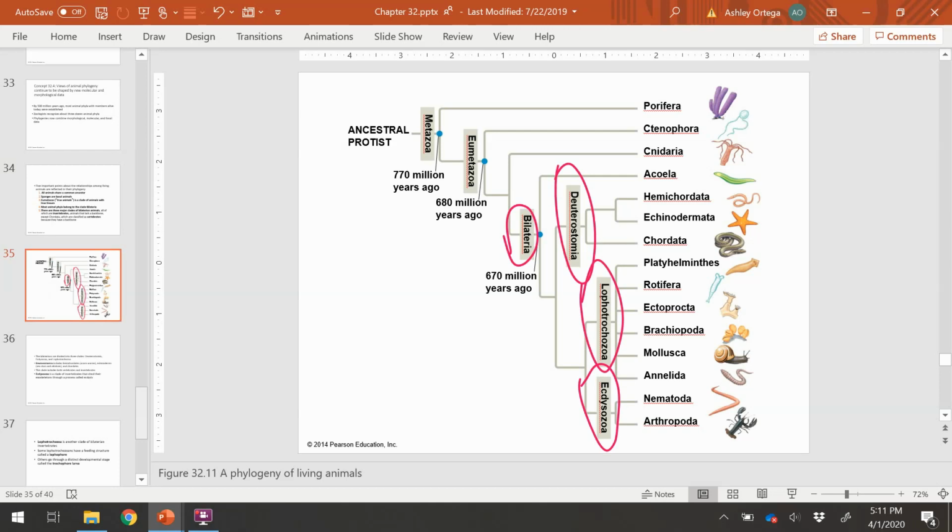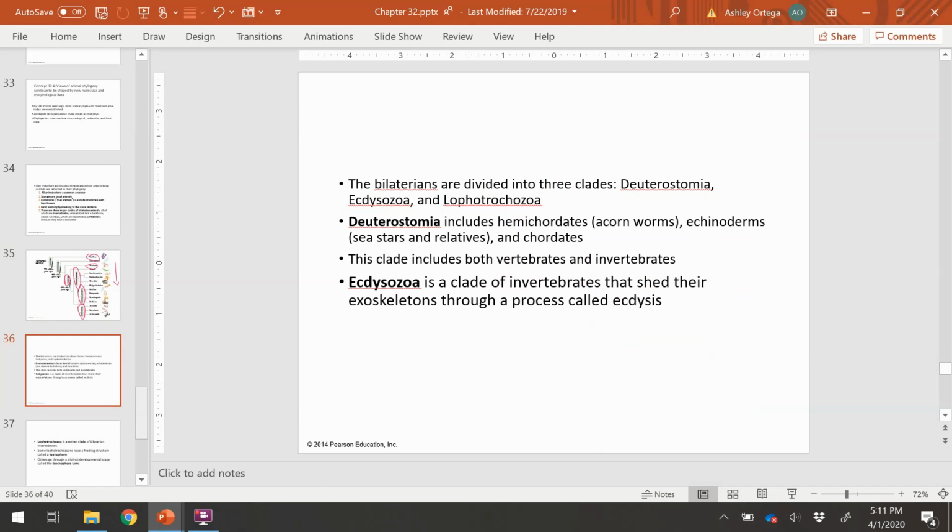But in terms of looking at these, I like to stick to the general groups that we'll go through as we go down that way. And so here, the bilaterian animals are in 3 large groups: Deuterostomians, Ecdysozoans, and Lophotrochozoans.